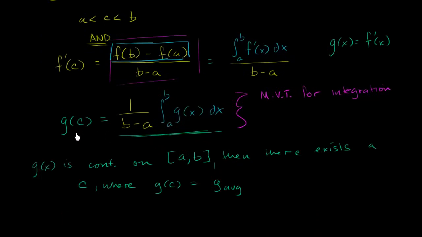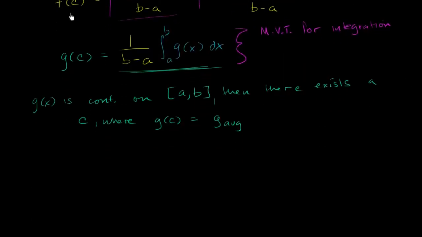So there's some c where the function evaluated at that point is equal to the average value. So another way of thinking about it, if I were to draw g of x, so that's x, that is my y-axis. This is the graph of y is equal to g of x, which of course was the same thing as f prime of x, but we've just rewritten it now to be more consistent with our average value formula.